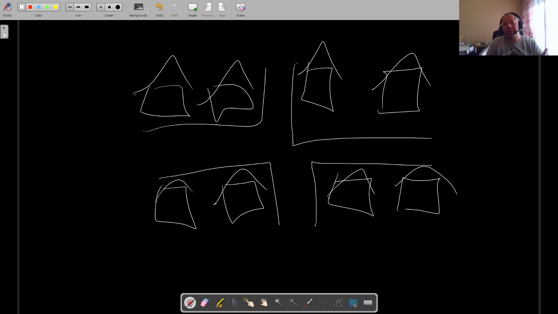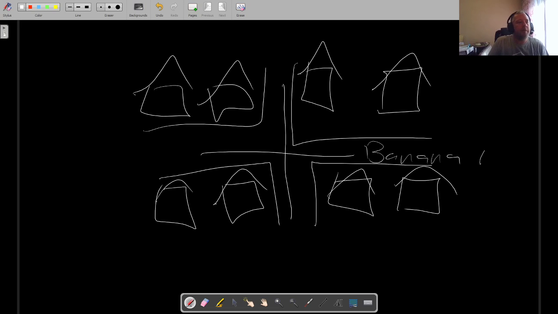So here we have a typical street. We have two streets. Let's call this one Banana Avenue, and this one over here will be Apple Street. So two streets.